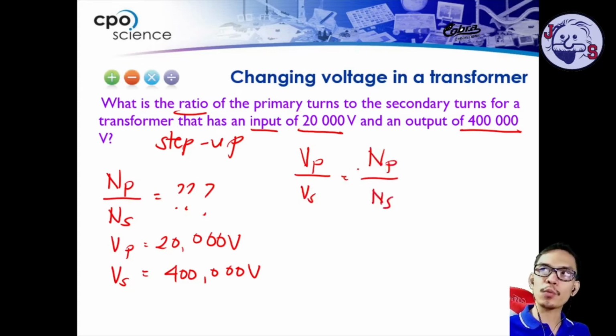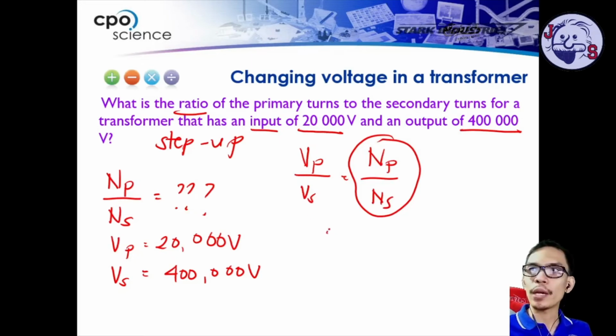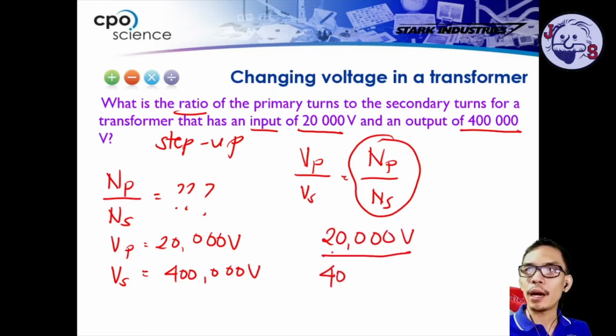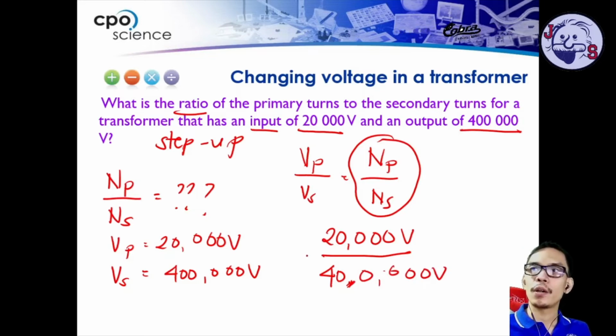Since this is the one that we are looking for, we can have this one only. So we have 20,000 volts over 400,000 volts. What will be the ratio that we have?